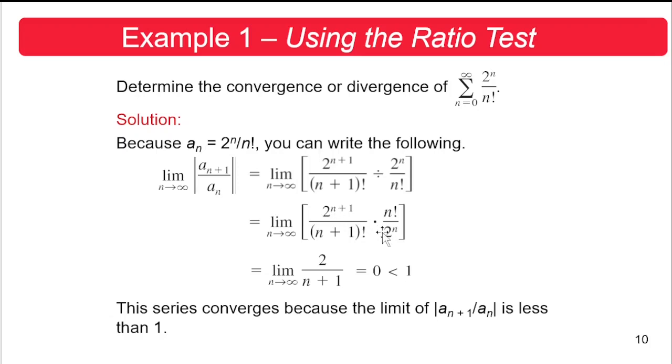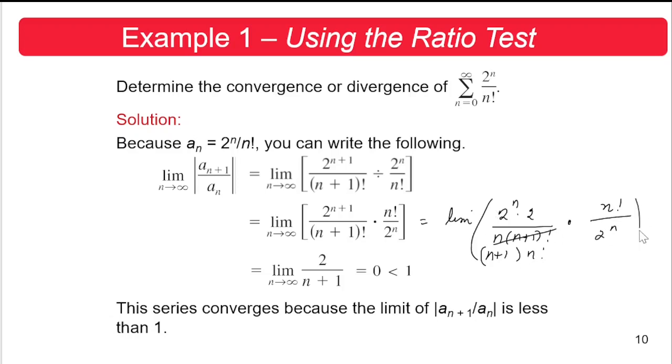Then multiplying these two, since you can write 2 to the n plus 1 as the product of 2 to the n and 2, you can write this as the limit of 2 raised to n times 2 all over, in the denominator, n plus 1 times n factorial, multiplied by n factorial all over 2 to the n, as n approaches positive infinity.